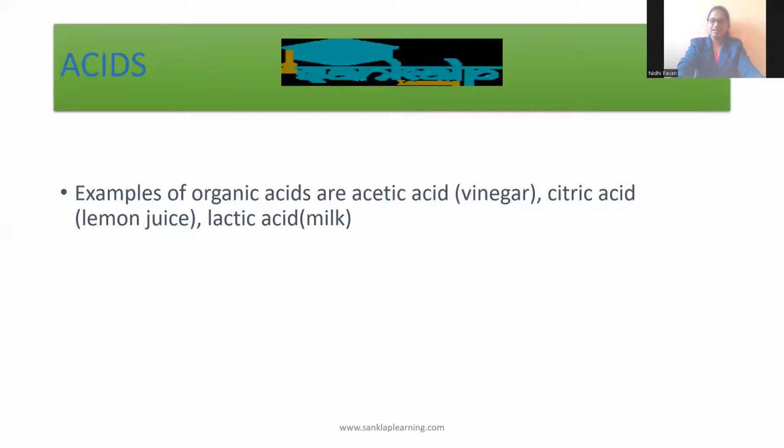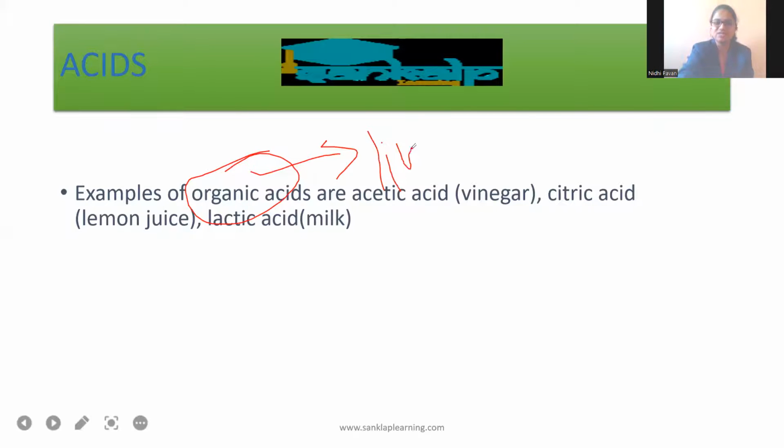As I defined the acids, the examples of acids are here. Acids are of two types actually. The first one is organic acid. Organic acids are derived from living organisms.